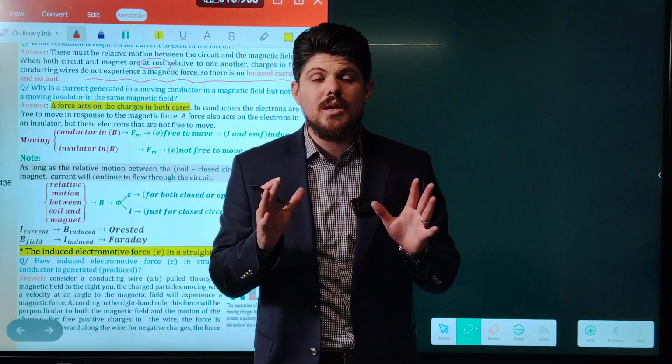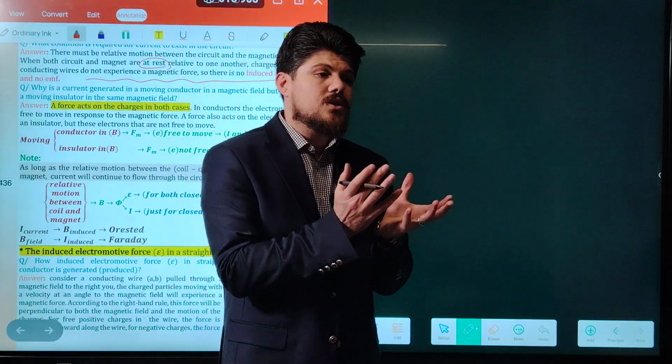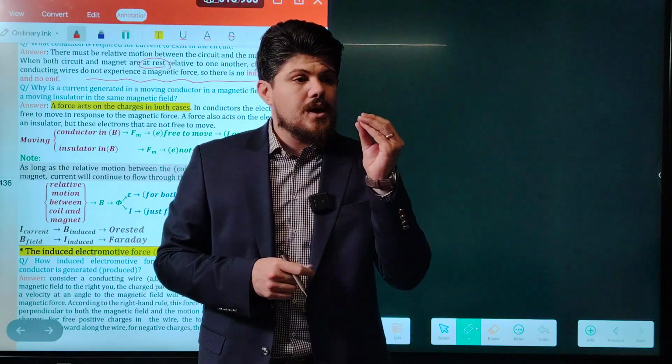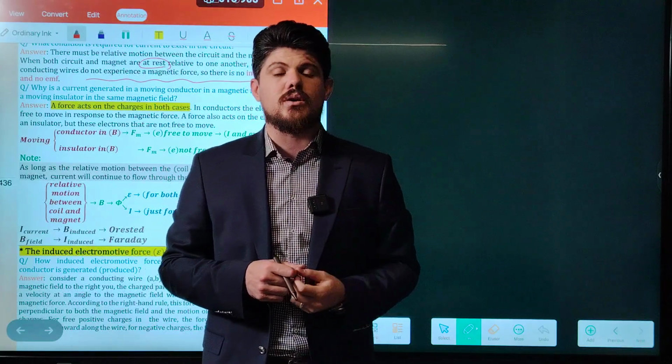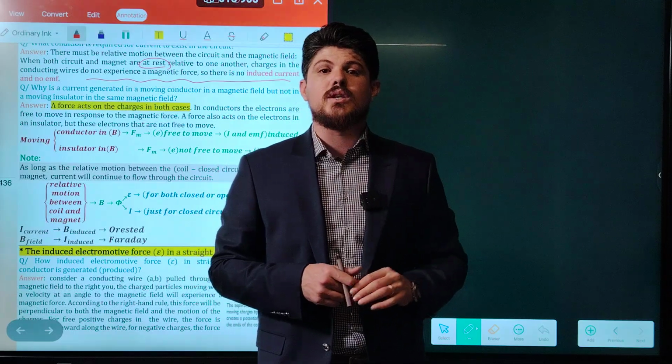Why? Because an insulator has no free electron in the outermost shell. All electrons are fixed in the outermost shell. This force cannot eject the electron from the outermost shell. So that is why the current is not induced in the insulator.